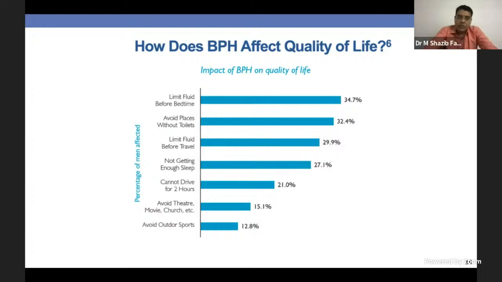About 21% of patients cannot drive in a stretch for 2 hours. In 15% of patients, they avoid going to theaters, movies, churches, or any other places of social gatherings. About 13% of patients avoid outdoor sports because of this problem.